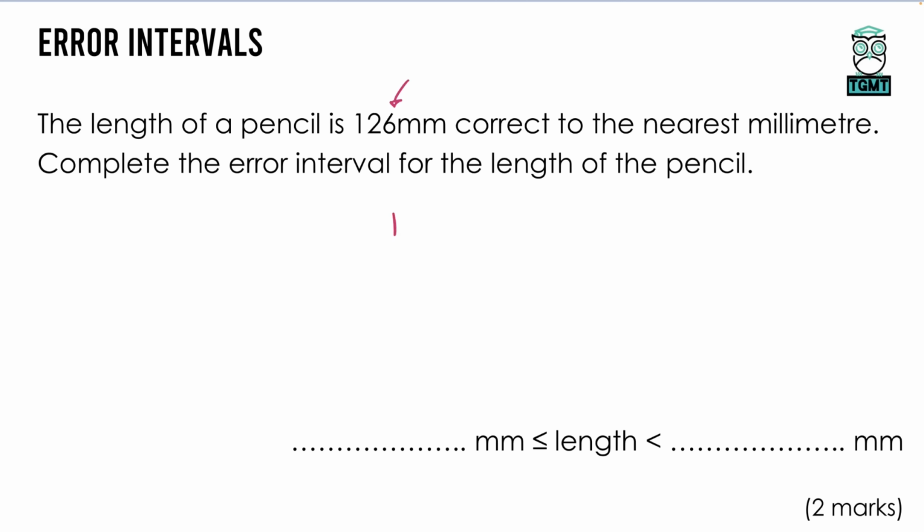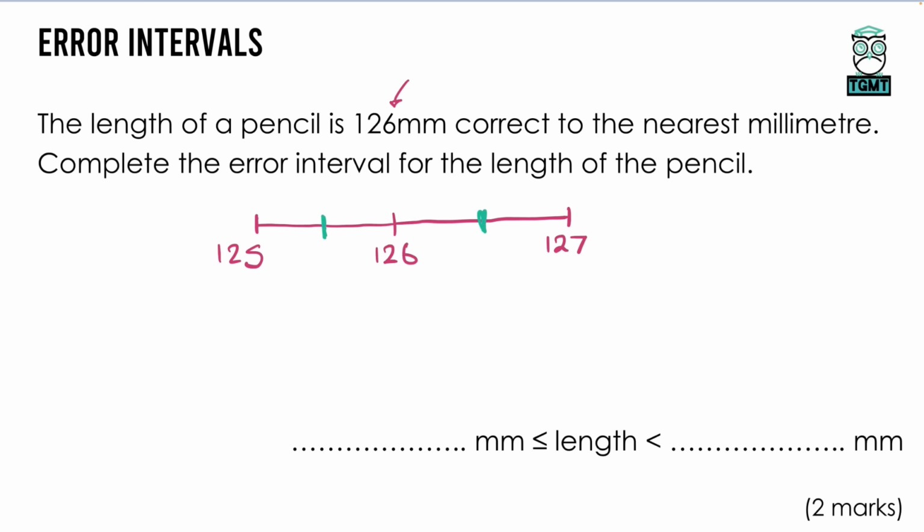Now it can help to draw a little number line here, but to get the upper bound, the number on the right, we actually have a nice or relatively easy process to get that. Now the next millimetre above 126 is 127, and below 126 is 125. With an error interval, we're looking at those cut-off points or those midway points between those numbers.